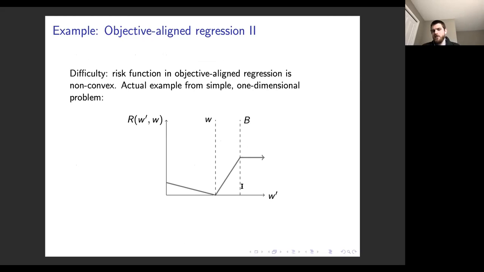And one of the big difficulties is that the risk function in objective aligned regression is very often non-convex. Here's an actual example from a relatively simple one-dimensional problem. The non-convexity happens towards the end, where it flattens off into just a straight plane that goes off to infinity.